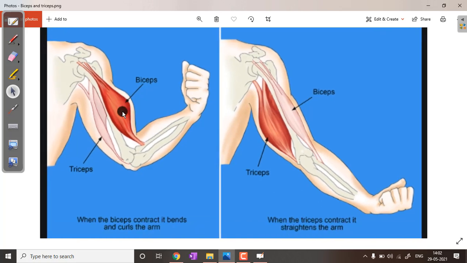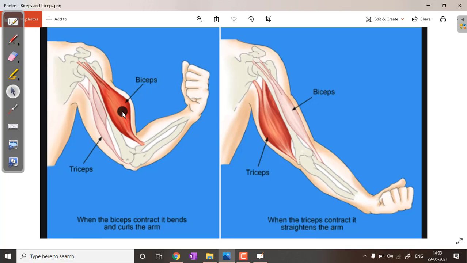So, it tries to pull the radius to which it is attached. Radius is the bone present in your lower arm. So, biceps, what will happen? First it will contract. When it contracts, it becomes short in length, it becomes swollen, and since it becomes short in length, it tries to pull the bone, and when the bone is pulled, what happens? Your hands automatically get folded.